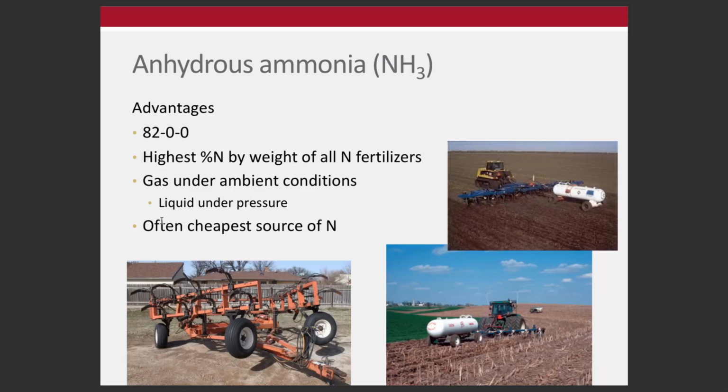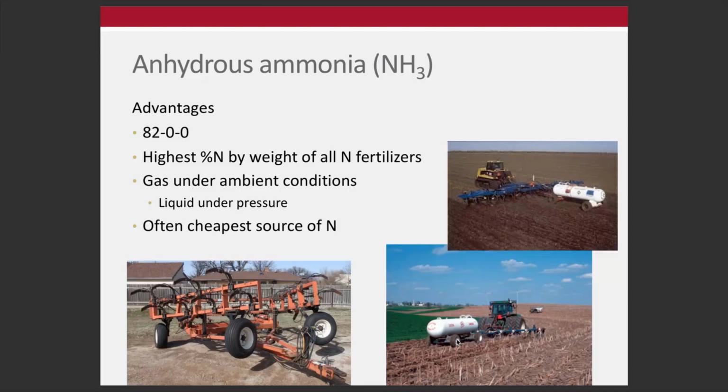It's often the cheapest source of N, but the decision to use anhydrous is often driven by availability. You can go to some counties in Ohio where most people are using anhydrous, and then go to the next county over, and there are very few people using it. Oftentimes that comes down to supply and infrastructure, and whether there's a manufacturing plant close by. If you drive by a co-op, you can often see what look like propane tanks, even on trailers or by themselves.